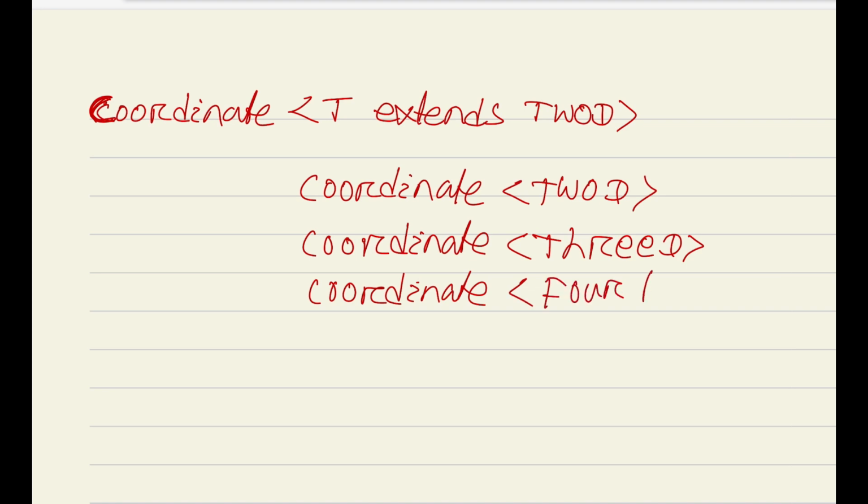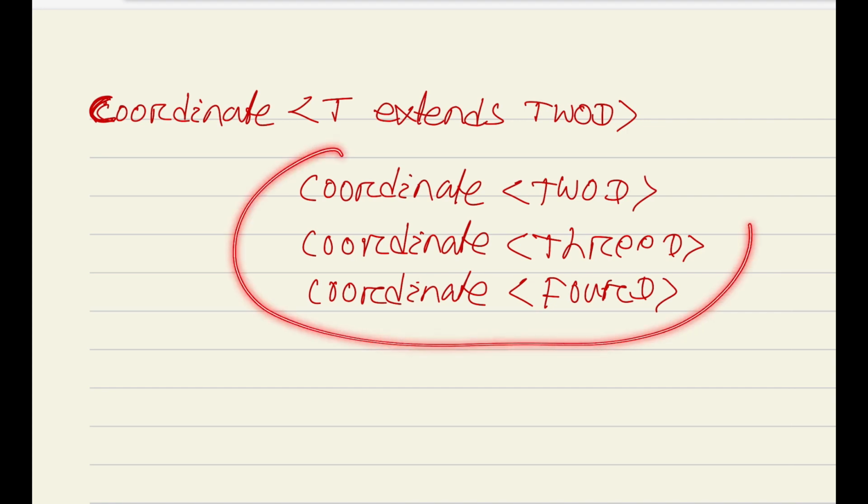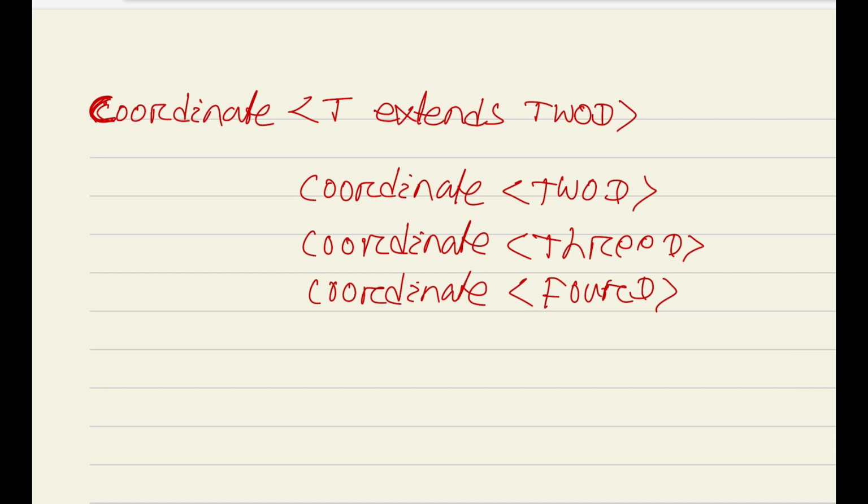So the objects of this Coordinate class are of three types only: Coordinate 2D, Coordinate 3D and Coordinate 4D, because this generic class Coordinate uses the concept of bounded types.